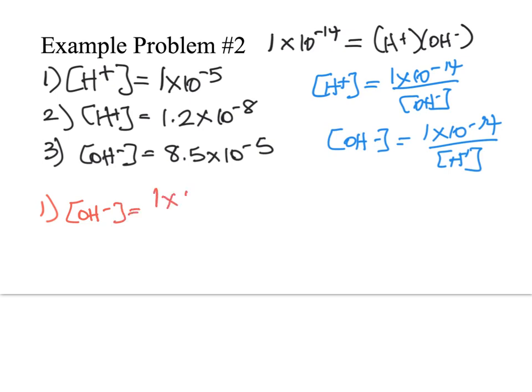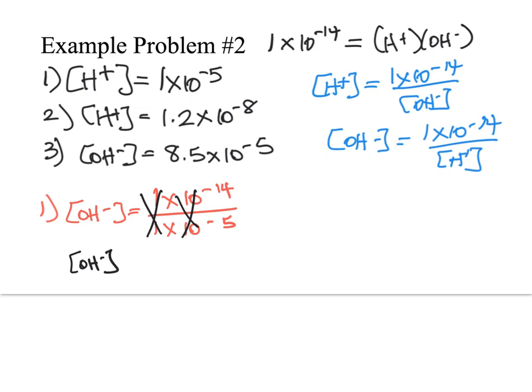That's 1 times 10 to the negative 14th, that's my constant, divided by my given, 1 times 10 to the negative 5th. Okay, here, these are the same number, so I can just do my exponent rule.